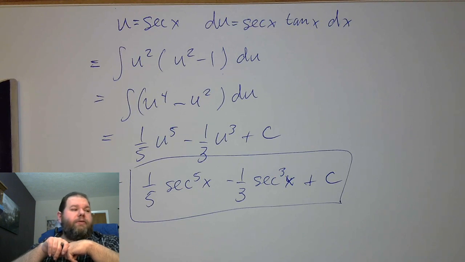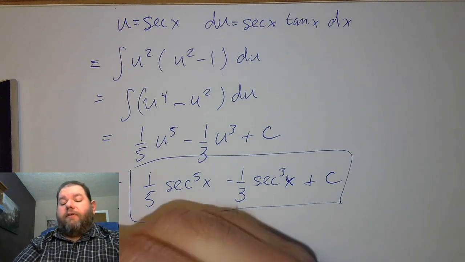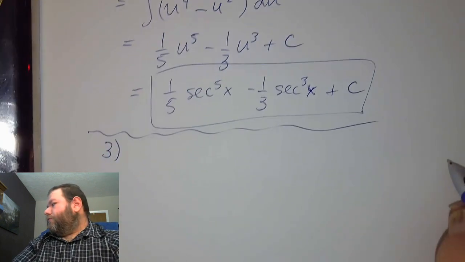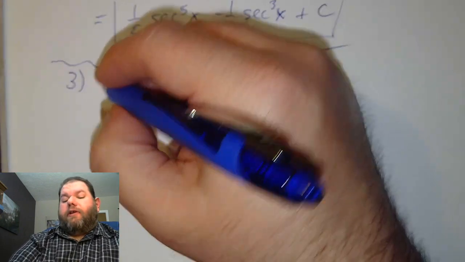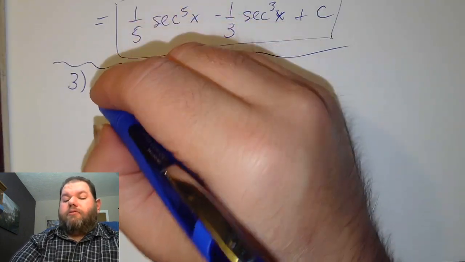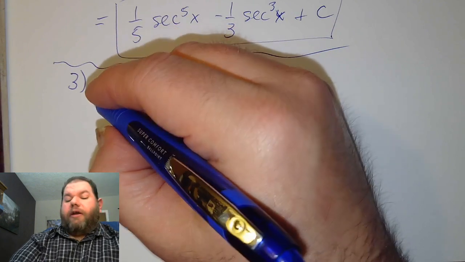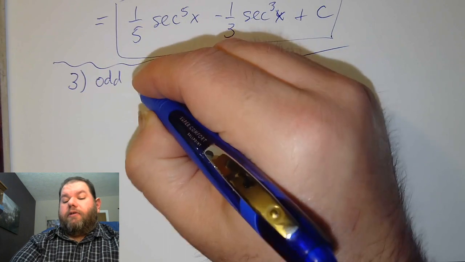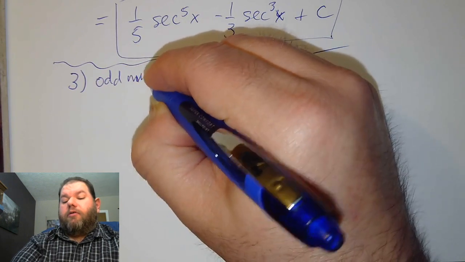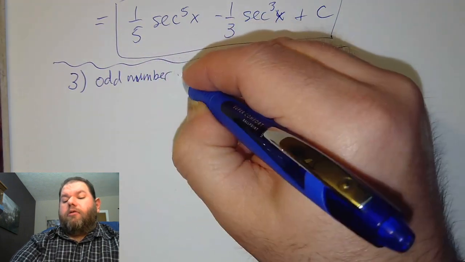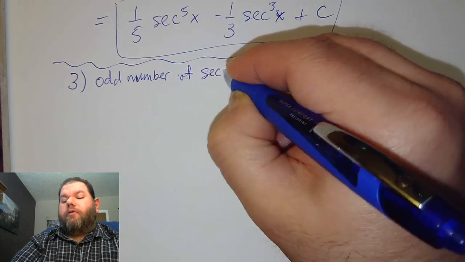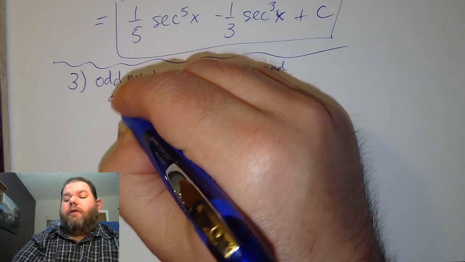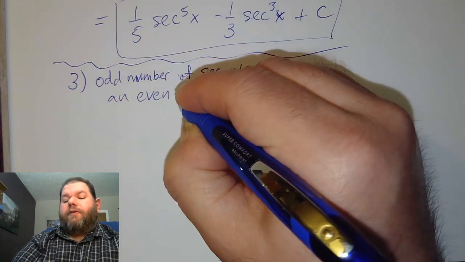We talked about cases where secant had an even exponent. Now there's a third case we have to discuss. This is the case where we have an odd number of secants and an even number of tangents.